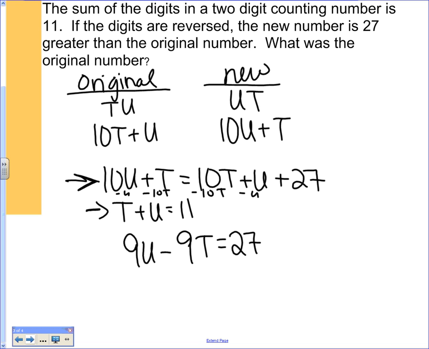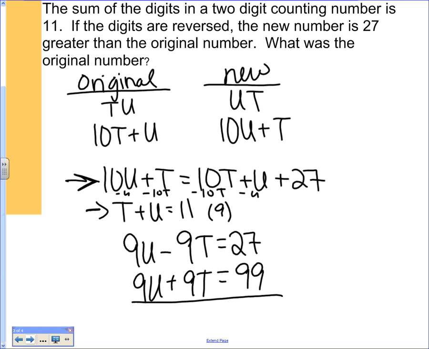Now what could I do? You can either substitute or eliminate. I prefer elimination. On this one, I would eliminate. Multiply by 9, right? 9u plus 9t equals 99.